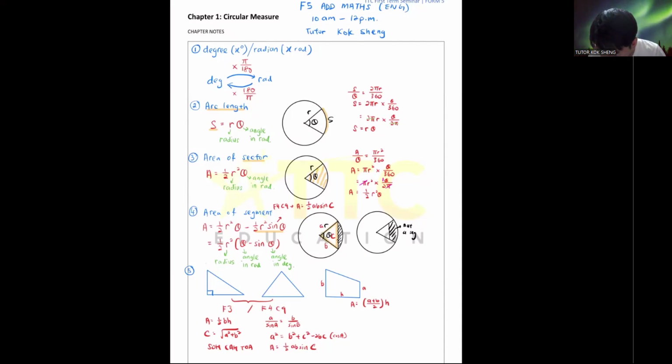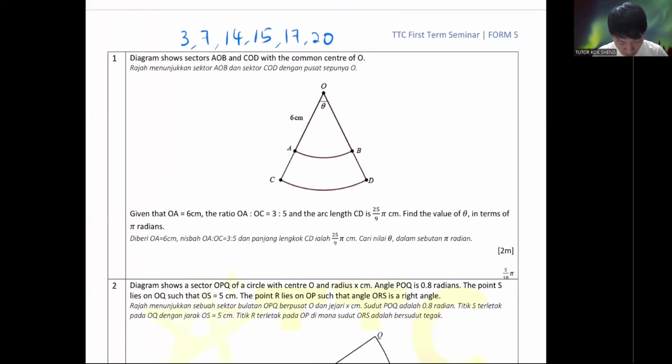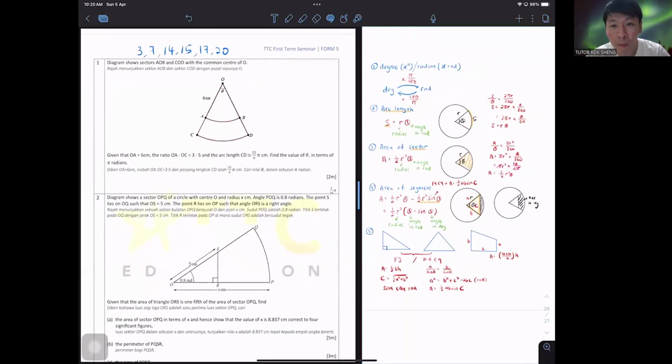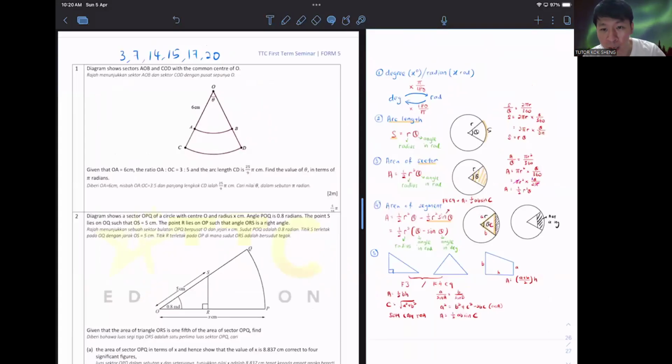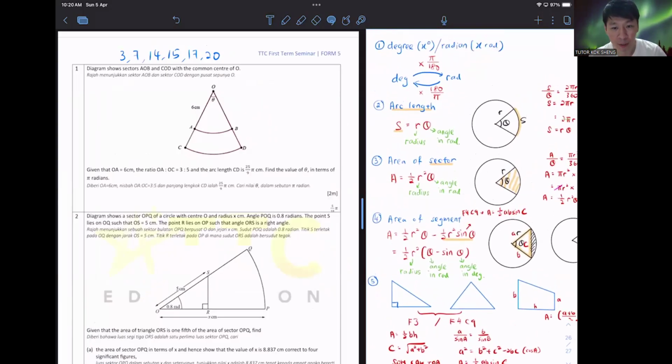Okay, you can see beside here. You can refer to the formula and see. Not sure if it is big enough or not. Okay, at least you can see that.